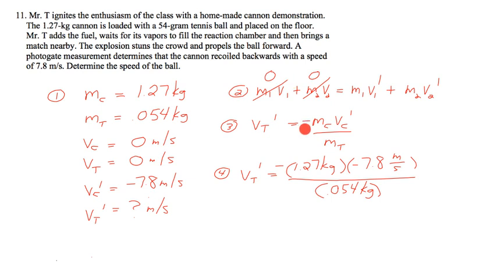So that minus needs to be there, and there's the minus there. So I have a minus times a minus, so my answer for the velocity of the tennis ball will be positive. So if you work that out, you get the velocity of the tennis ball after the explosion is, to 3 significant digits, 183 meters per second.